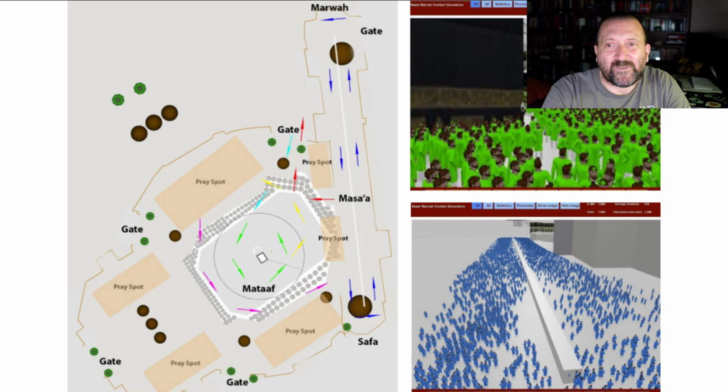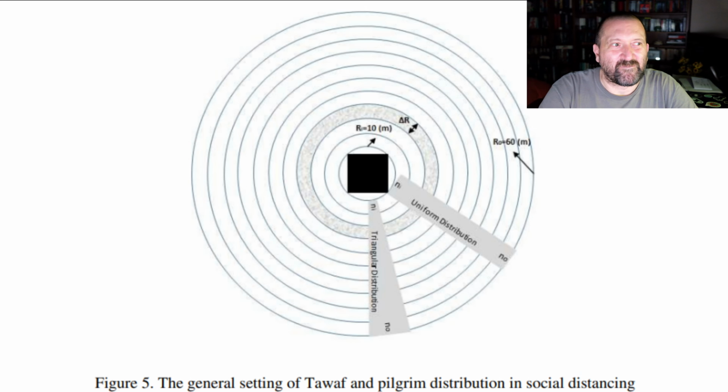So count the contacts, or count repeated contacts also. Is it always the same people that you're in contact with, or do you switch contacts? And all of this is something that can be investigated with this type of simulation mechanism, and that would fail miserably probably with an ODE.